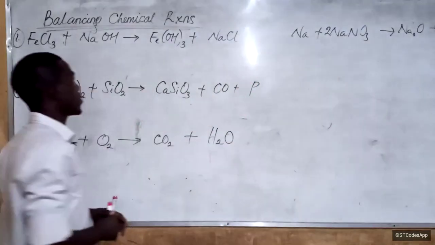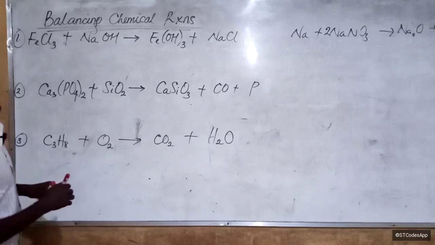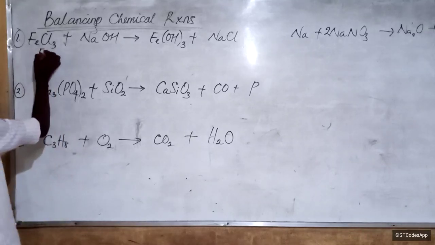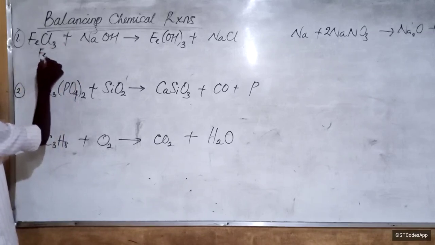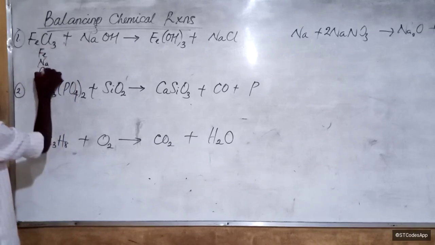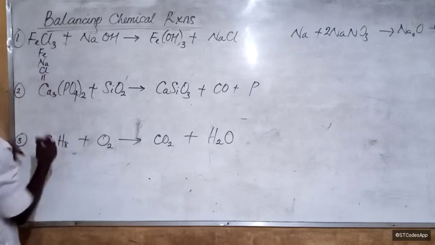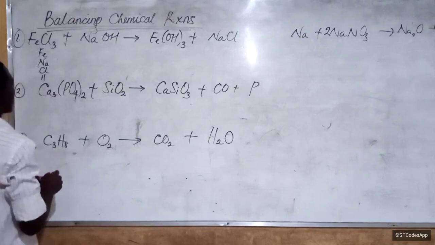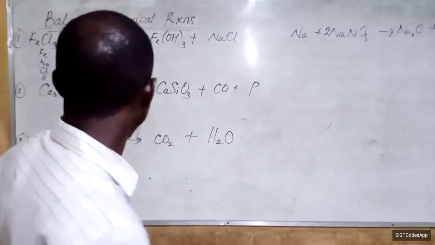So let's go there. Let's list all the atoms that are reacting here. We have iron reacting, that's the metal there. Sodium is also a metal here, so we list it. Chlorine, and hydrogen, and oxygen.